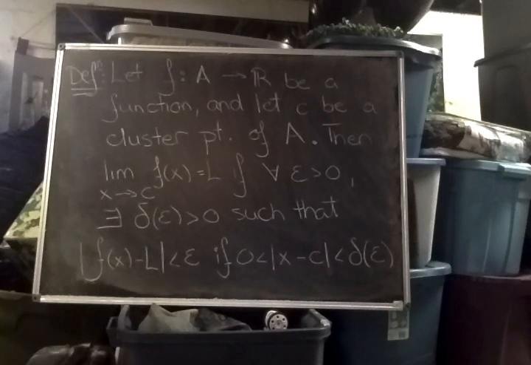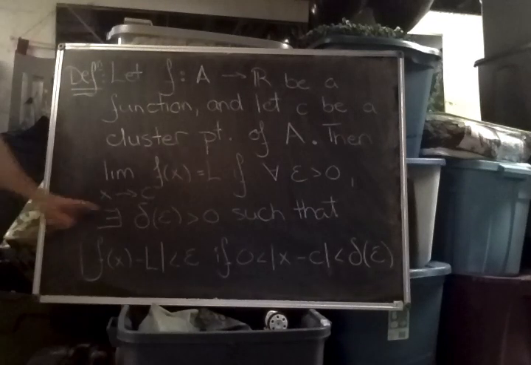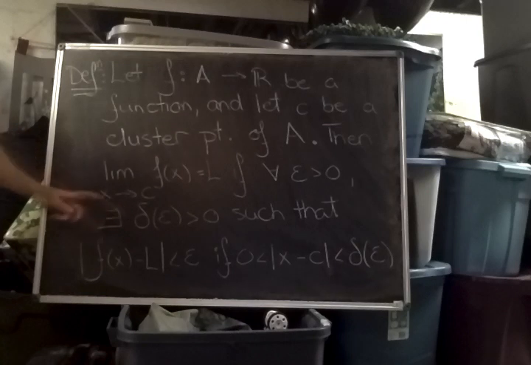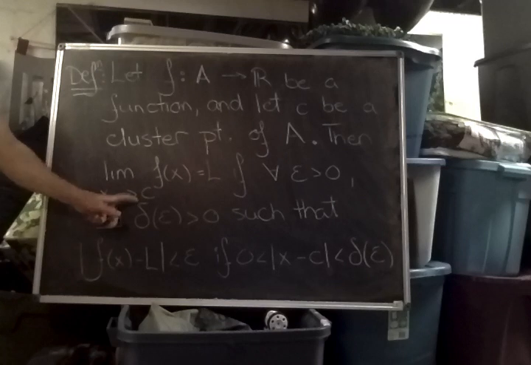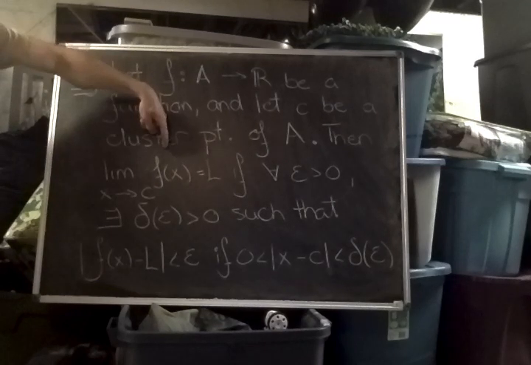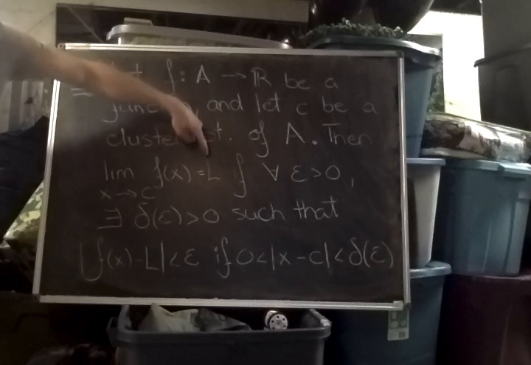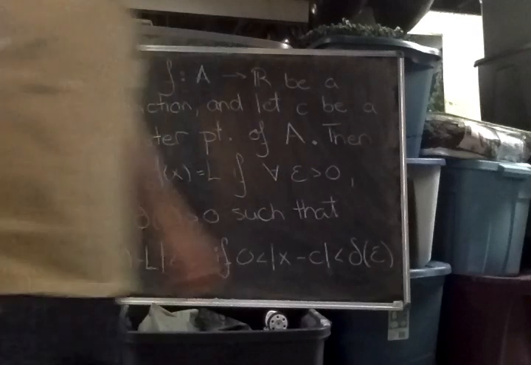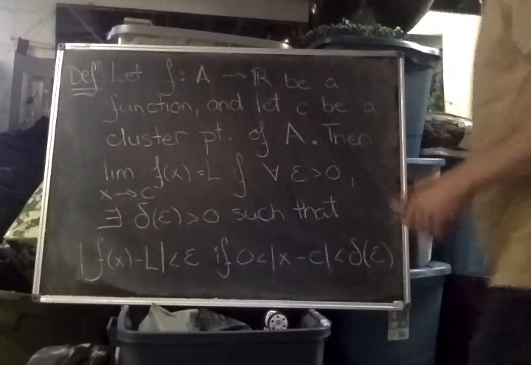So one thing I want to point out here is that I've written delta of epsilon, right? What this is saying is that how close x has to be to c depends on how close you want f of x to be to L. So I would like to draw a picture now that will hopefully make that a little clearer.